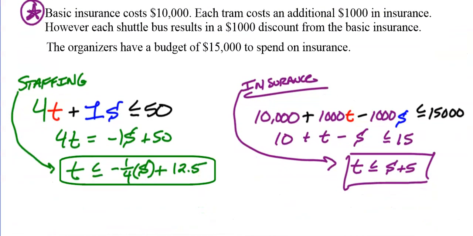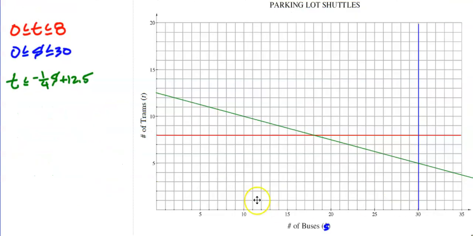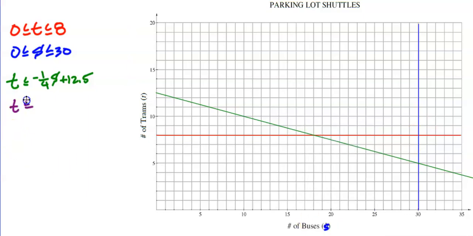And then the last one, for the money, for insurance: t is under whatever's underneath s plus 5. That one was in purple. So we go to 5, and it's up 1 over 1.